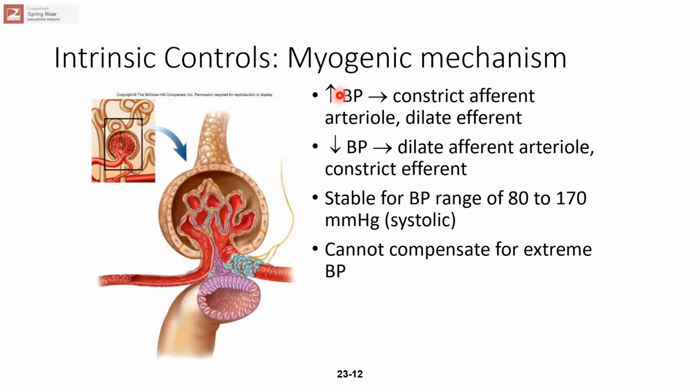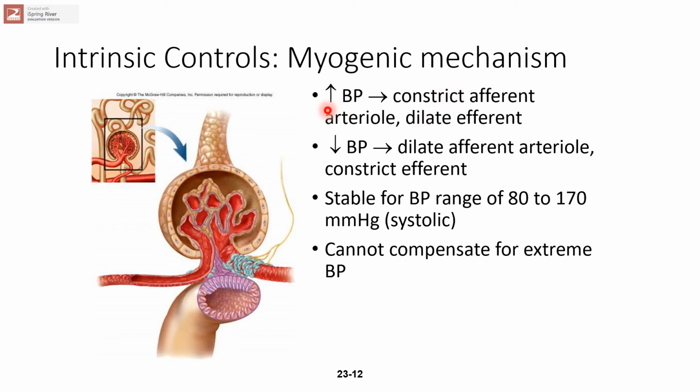So the first mechanism, intrinsic, mostly involves a myogenic mechanism. Myogenic mechanism is based on how the arteries and arterioles constrict or dilate to increase and decrease the blood pressure within the blood vessel, and this involves the contraction and relaxation of smooth muscles.